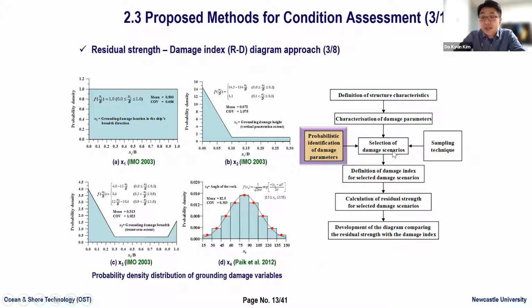Selection of damage scenarios. In IMO, they have provided the probability density function, PDF. Based on these 4 parameters, we label them X1, X2, X3, and X4. So we brought this PDF and utilized it for the sampling.